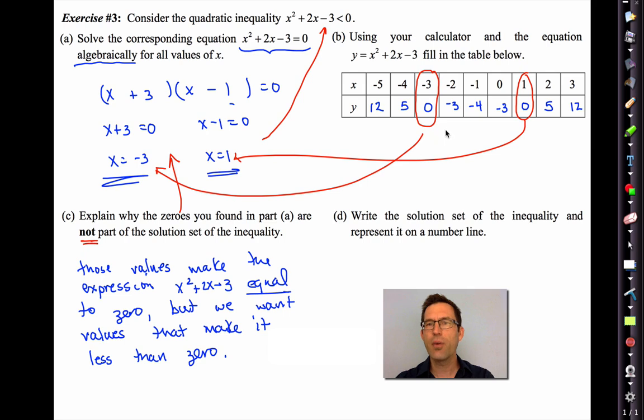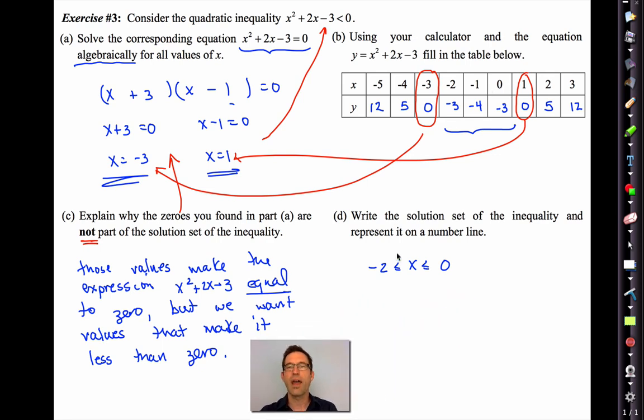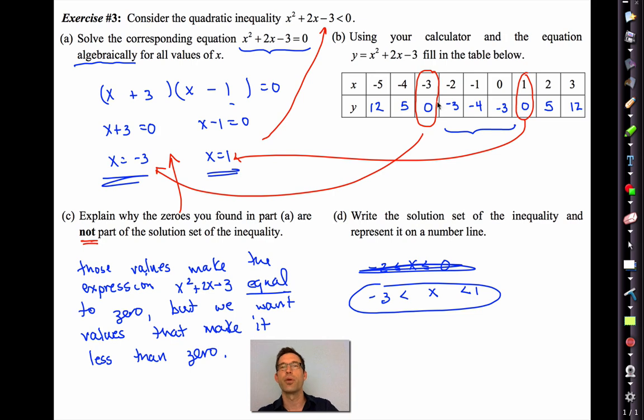Everywhere in here, it's negative. Now, a lot of students might say, oh, okay, then this should be my solution, negative 2 to 0. But actually, our solution is going to extend from negative 3 all the way to 1. It's just not going to include the negative 3 or the 1.